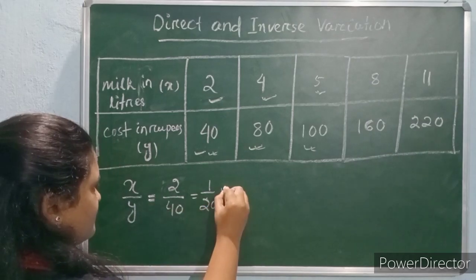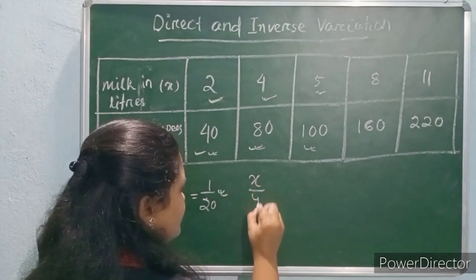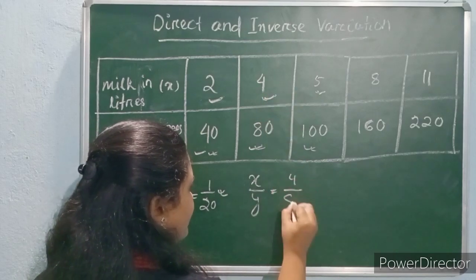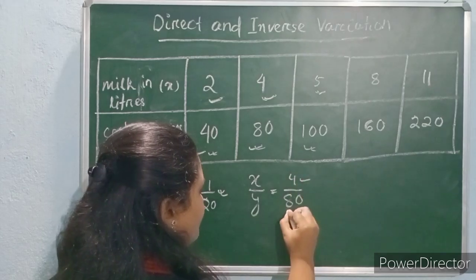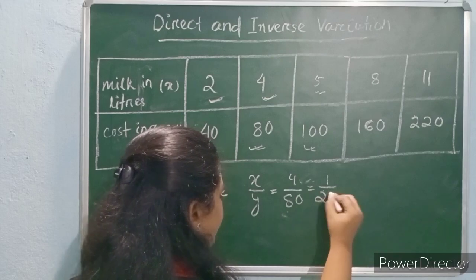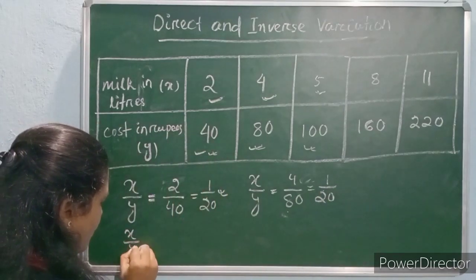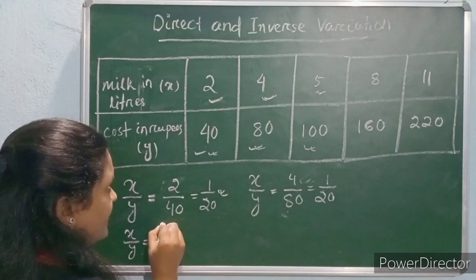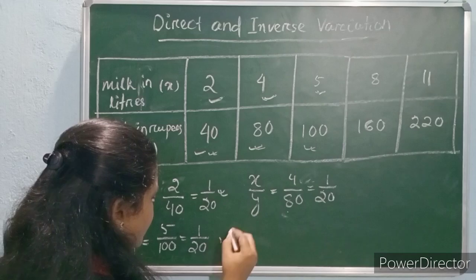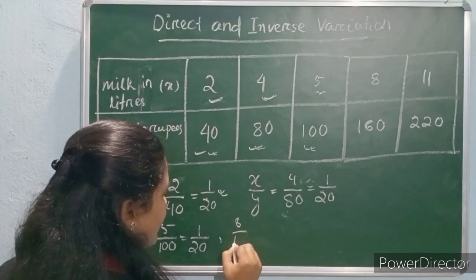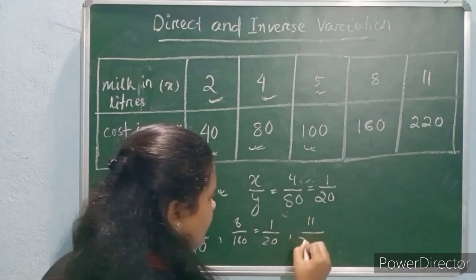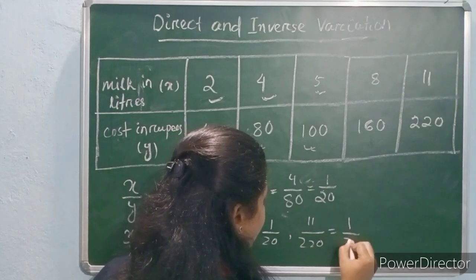Similarly, for the second quantity, x is 4 and y equals 80. If we solve 4 by 80, we get the same 1 by 20. If we take all values of x and y and find x by y, we get 1 by 20. You can check that 8 by 160 equals 1 by 20 and 11 by 220 equals 1 by 20.